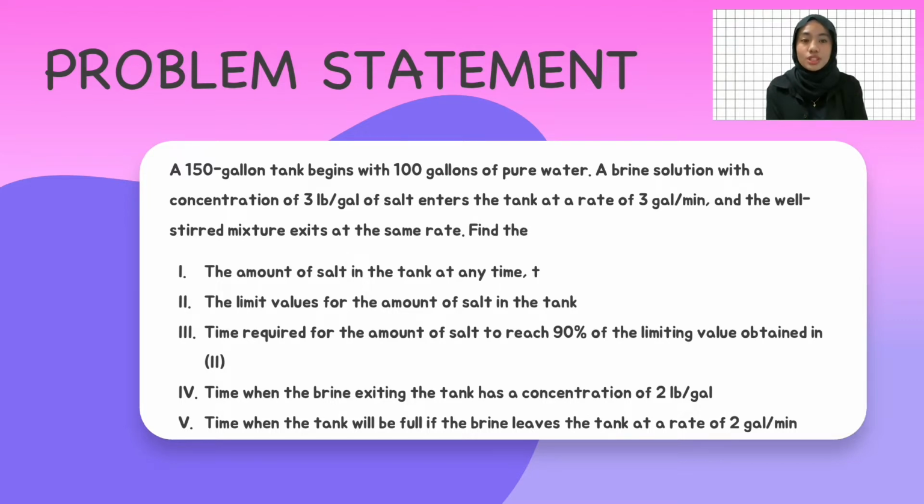Find: first, the amount of salt in the tank at any time t; question 2, the limiting value for the amount of salt in the tank; question 3, the time required for the amount of salt to reach 90% of the limiting value obtained in 2; the fourth question, the time when the brine exiting the tank has a concentration of 2 pounds per gallon; and the last question, the time when the tank will be full if the brine leaves the tank at a rate of 2 gallons per minute.